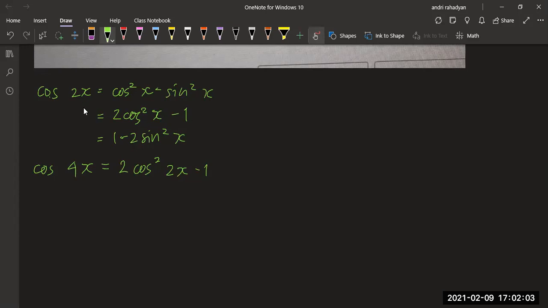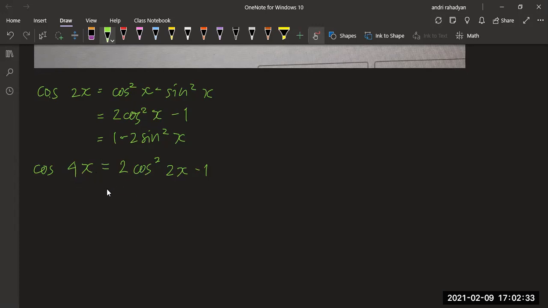If on the left hand side the angle is 2x, on the right hand side the angle is x, so the half of the left hand side angle. So if we have 4x, it becomes 2x, right?